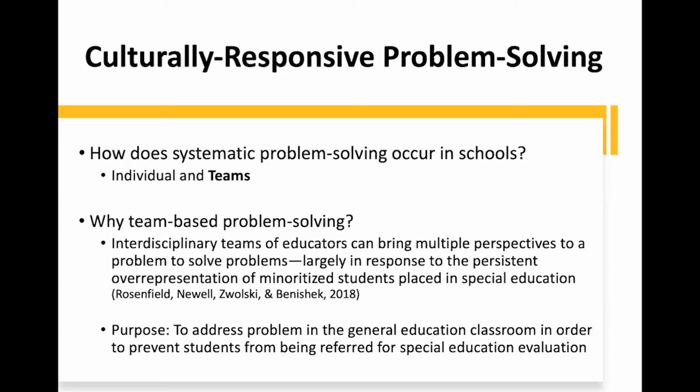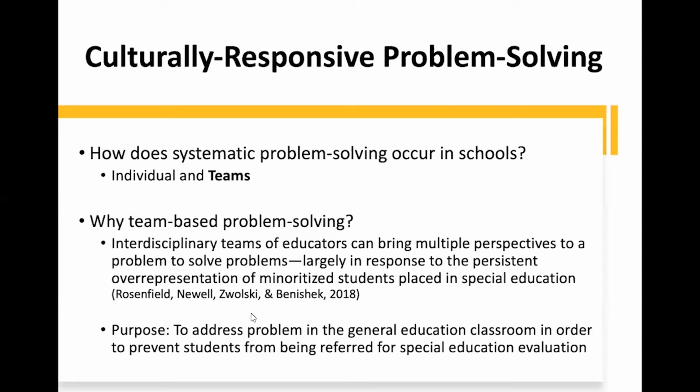So there's an assumption that teams inherently reduce bias, and that just through the process of teaming, we will better serve minoritized students. I just want you to hold that in your thinking at this time, that teams in and of themselves can reduce bias because of the multiple perspectives. So the whole purpose then is really to improve performance in the general ed classroom, in order to prevent students from being referred for special education evaluation.